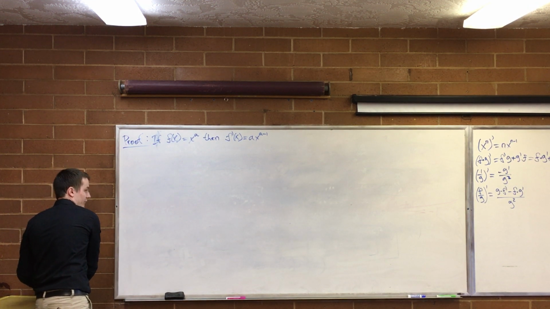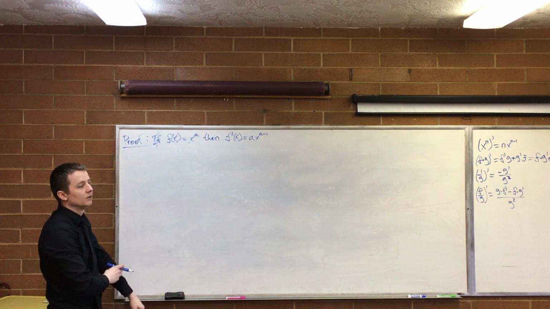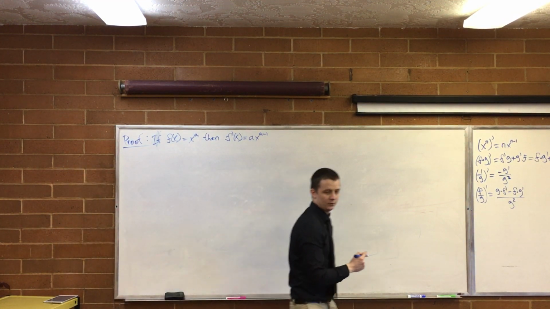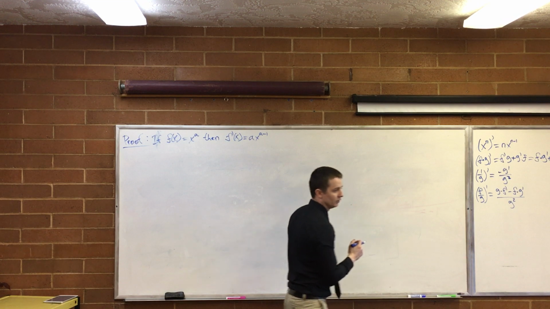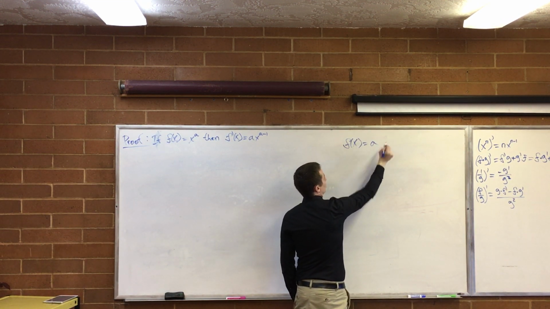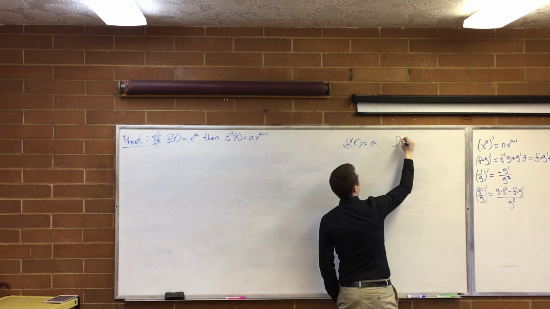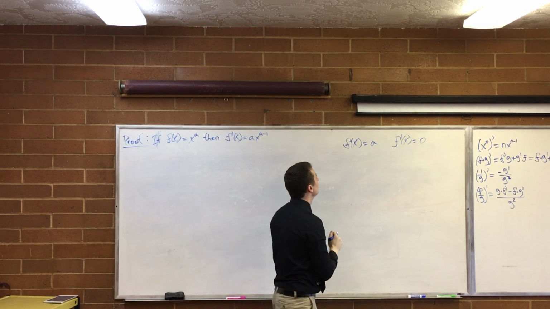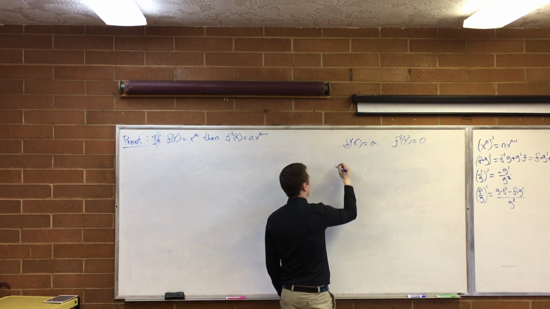Right. And what's the derivative of a constant? Maybe we should have a quick side proof. I don't know if we explicitly did this yet or not. But if f of x is equal to a constant a, f prime of x is equal to 0. Which should be pretty obvious.